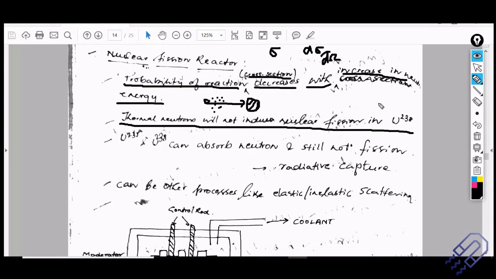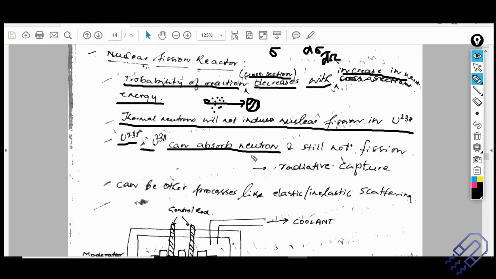So thermal neutrons usually do not induce a nuclear fission reaction, but when we are talking about a nuclear reactor, we are using thermal neutrons. Uranium-235 and uranium-238 both can absorb a neutron. How do we know that? Because we have seen it before, and we have also seen what the Q value is.